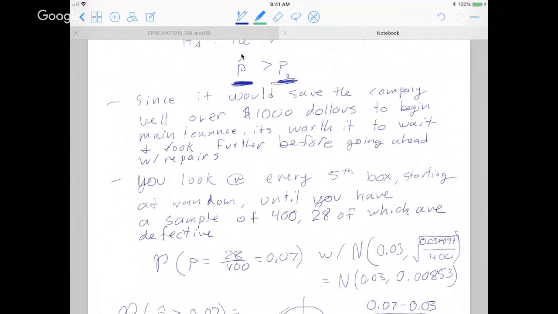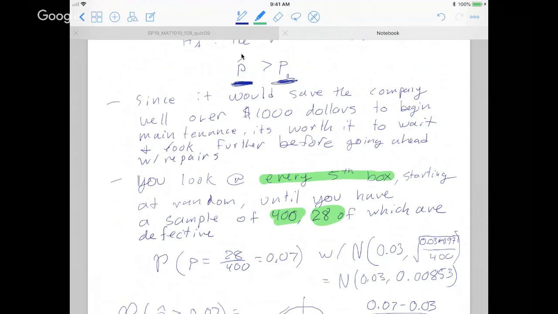You take a systematic sample every 5th box until you have 400 of them, and 28 of them are defective. So let's check. We've got 10 successes and 10 failures because we've got 28 failures, or we won in this case. Really, winning is having a broken box. And all the rest are successes.